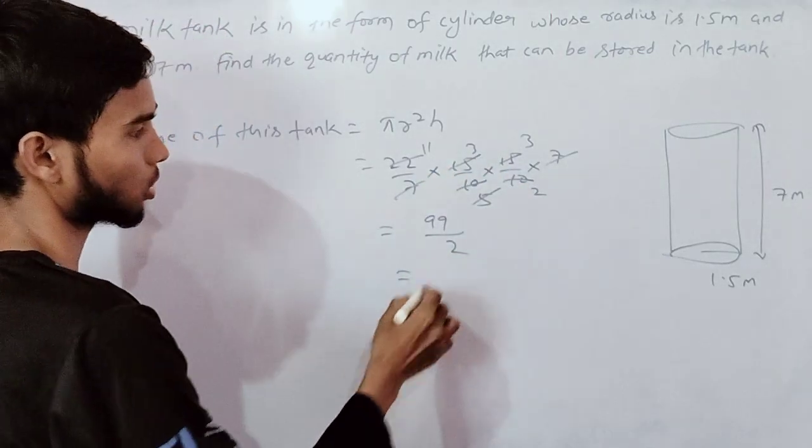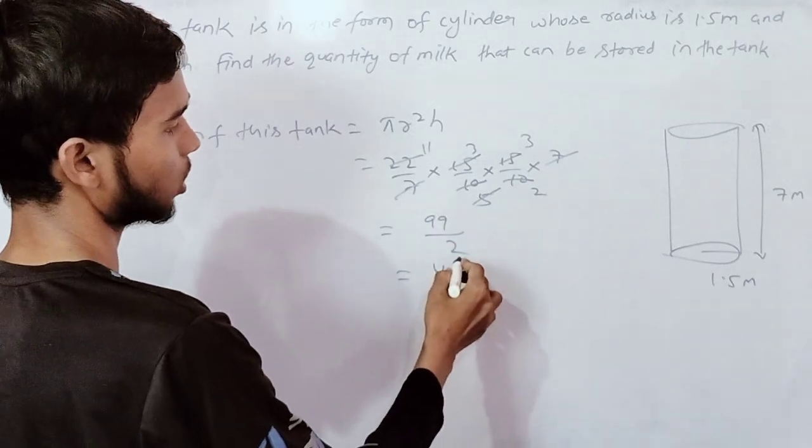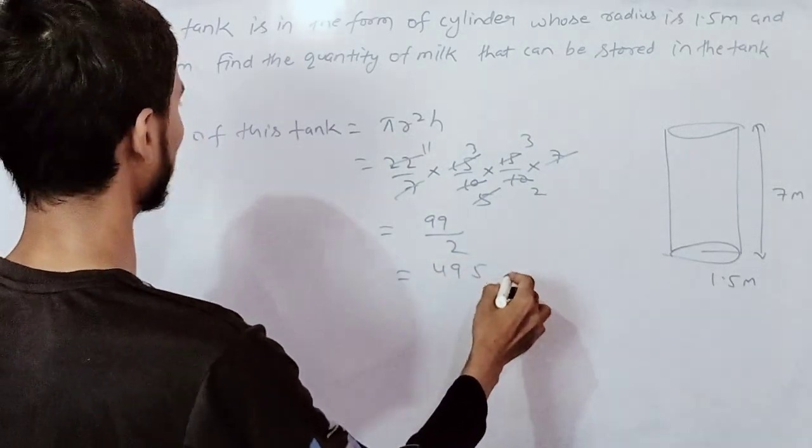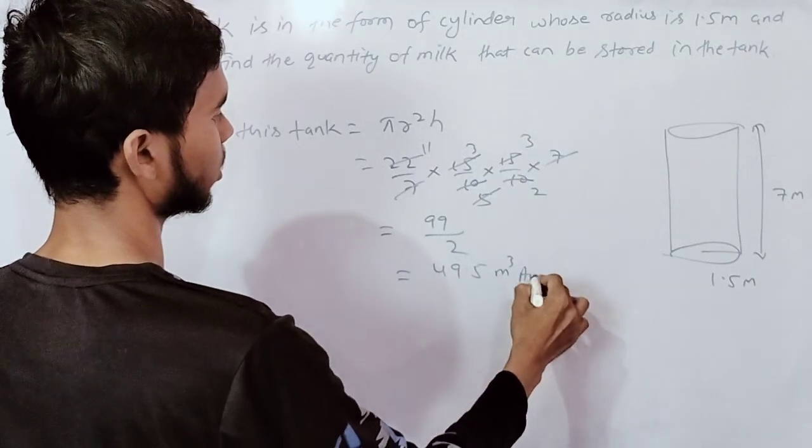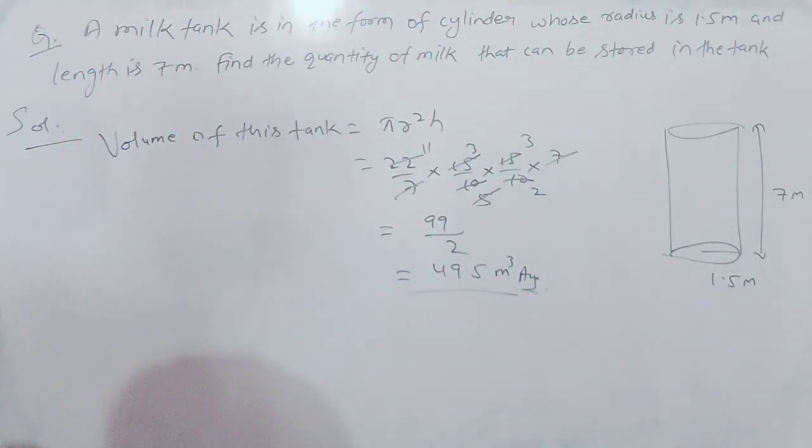We are getting 49.5 meter cube. This is the amount of milk, the quantity of milk which will be stored in this tank.